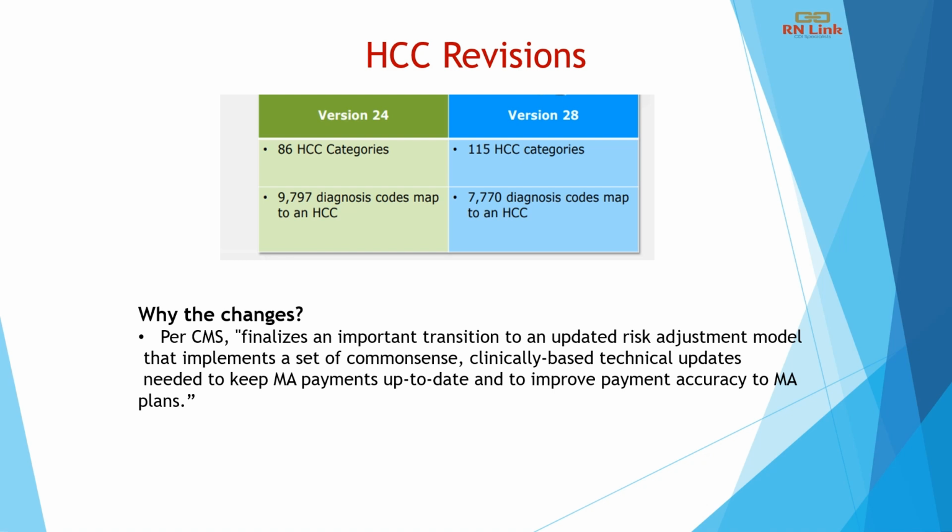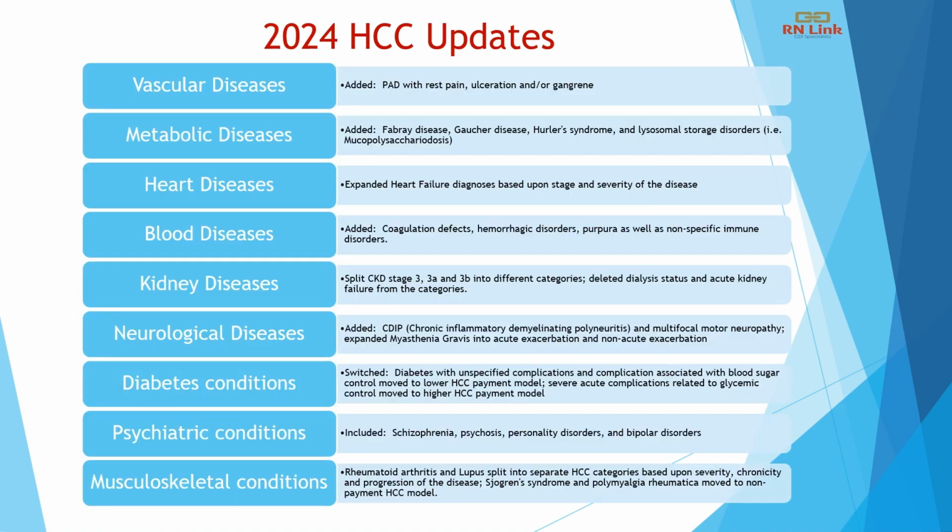Why the changes? Per CMS, finalizes an important transition to an updated risk adjustment model that implements a set of common sense, clinically based technical updates needed to keep MA payments up to date and to improve payment accuracy to MA plans. On this slide is the 2024 HCC updates.